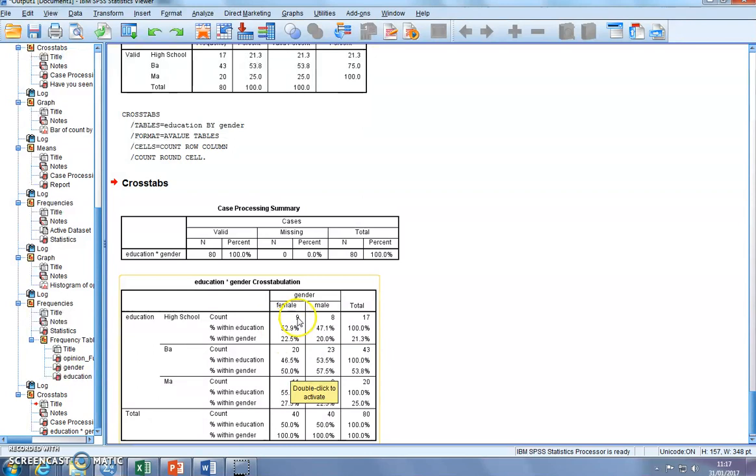So nearly half, 9 out of 17, and also nearly half, 8 out of 17, have a particular gender. So 52.9% is female, 47.1% is male. So those are the row and column percentages and what they mean.